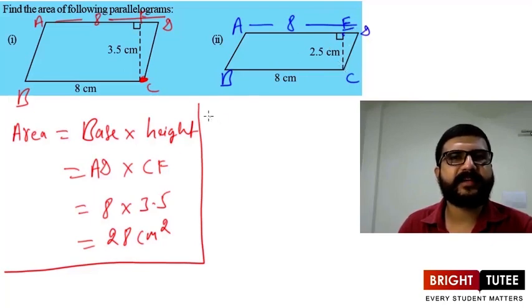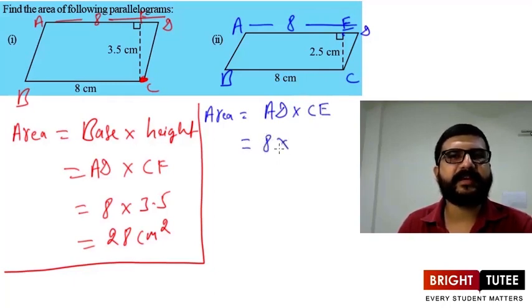It will be CE. So we can say area will be equal to AD, which is base, into corresponding height, which is CE. So this will be equal to 8 into 2.5. Now what is 8 into 2.5? It will be 20. So this is 20 square centimeters.